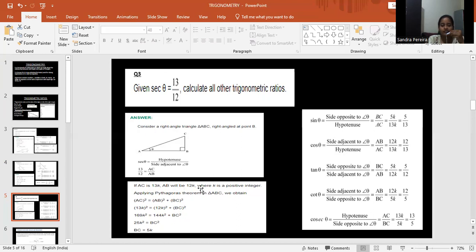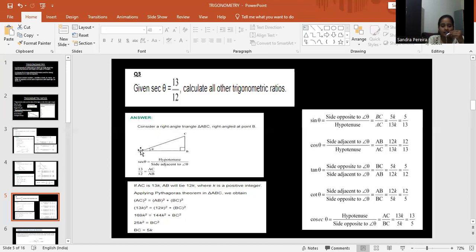So we took one of the multiples of these ratios, K. Now applying the Pythagoras theorem in triangle ABC, AC square equals AB square plus BC square.